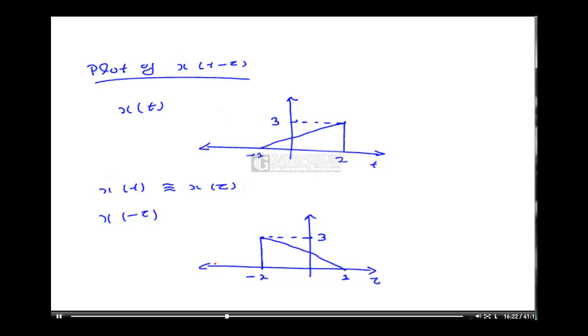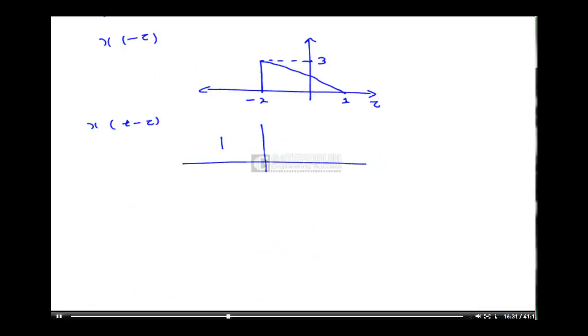Okay. X of t minus tau will be what? That plot will be something like this. t minus 2, t plus 1. This is tau. Okay. So you got the plot for x of t minus tau. So when you put t equal to 0 in this expression, you will get x of minus tau.